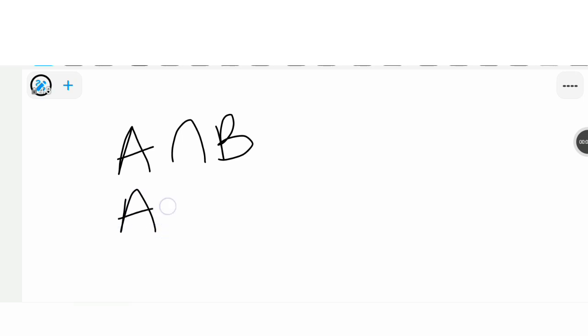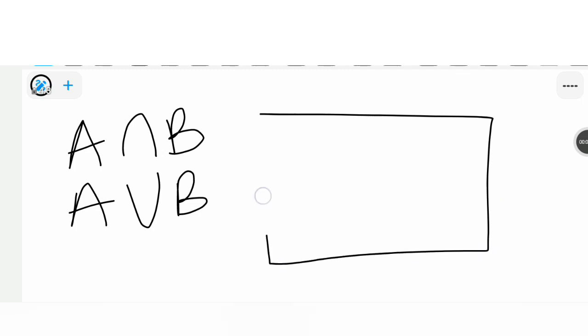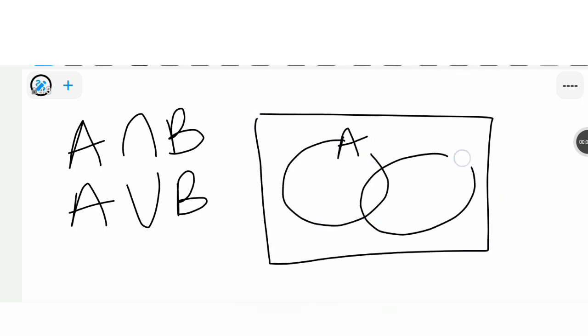So if I join two sets together now, if I want to do A intersection B and A union B, let me put them together. So it will look like this. This will be set A, set B. So listen up.